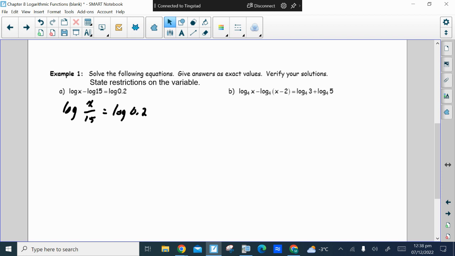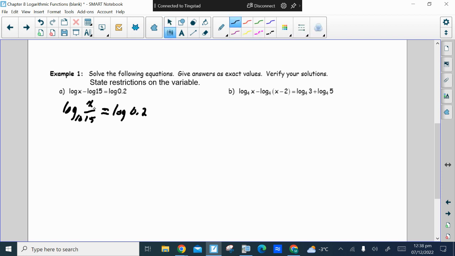Now, as we've seen, in some cases, we will use the process of converting from logarithmic to exponential, but that's not really going to work in this case because both sides are logs, so we can't do that. But here's what we're going to do. The two sides are equal. Part of the equations are already equal, and those being the log base 10 part.